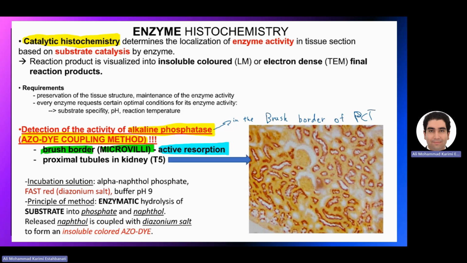Is it a human or another animal? The answer to this question is that it's a kidney of a mouse, literally. And you also need to remember that this method is done with fast red, used with diazonium salts, and the buffer needs to be at pH 9. Okay?